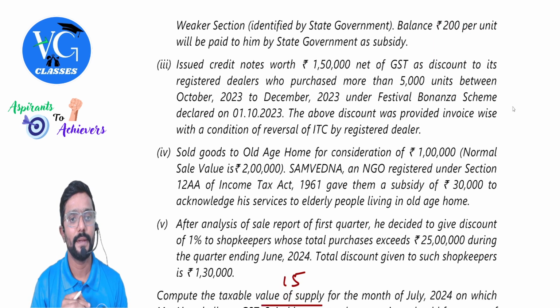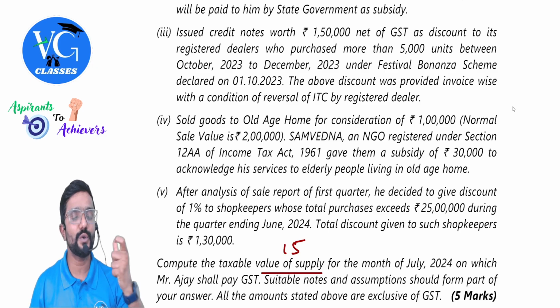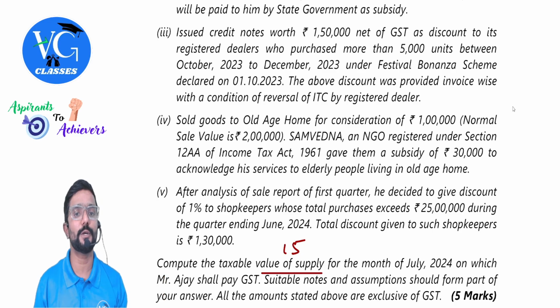Clause E. Next. Issued credit notes worth 1,50,000 net of GST as discount to the registered dealers who purchased more than 5,000 units between October to December under Festival Bonanza scheme declared on 1st October 2023. The above discount was provided invoice-wise with the condition of reversal of ITC by the registered dealer.